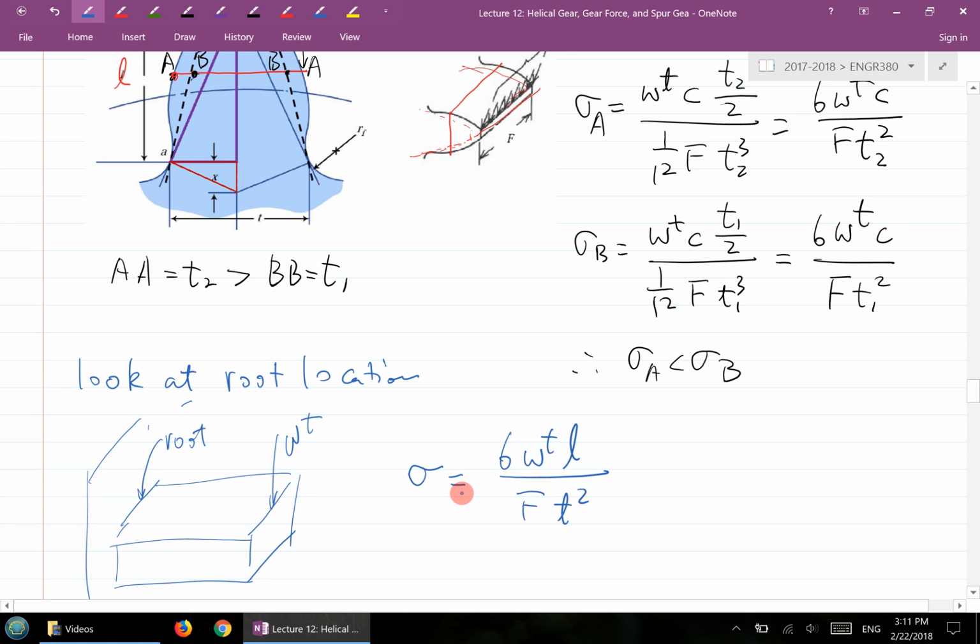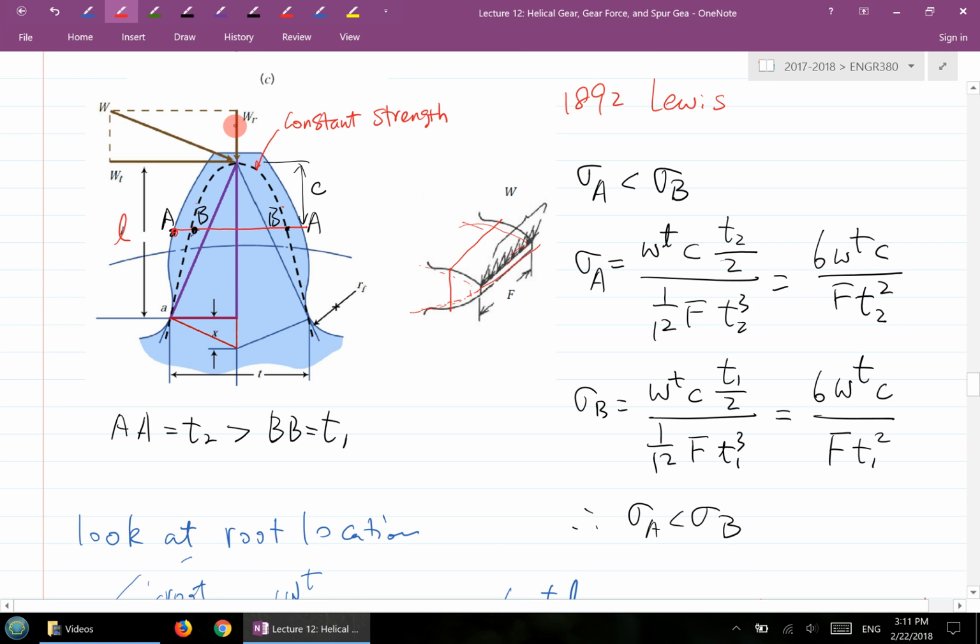Now you probably noticed that Wr is neglected here. For the Lewis equation derivation, it didn't consider Wr. Technically speaking, Wr should be considered if you are really doing the actual analysis.